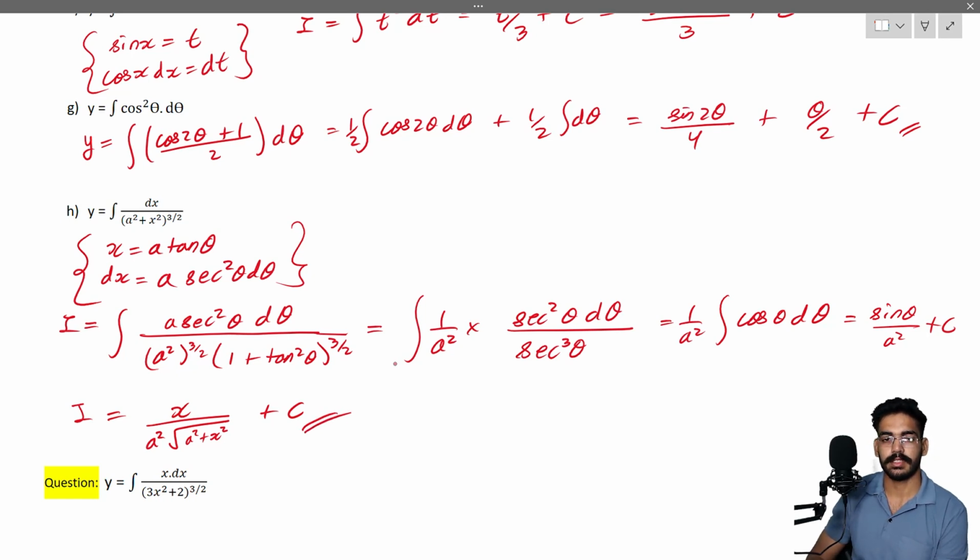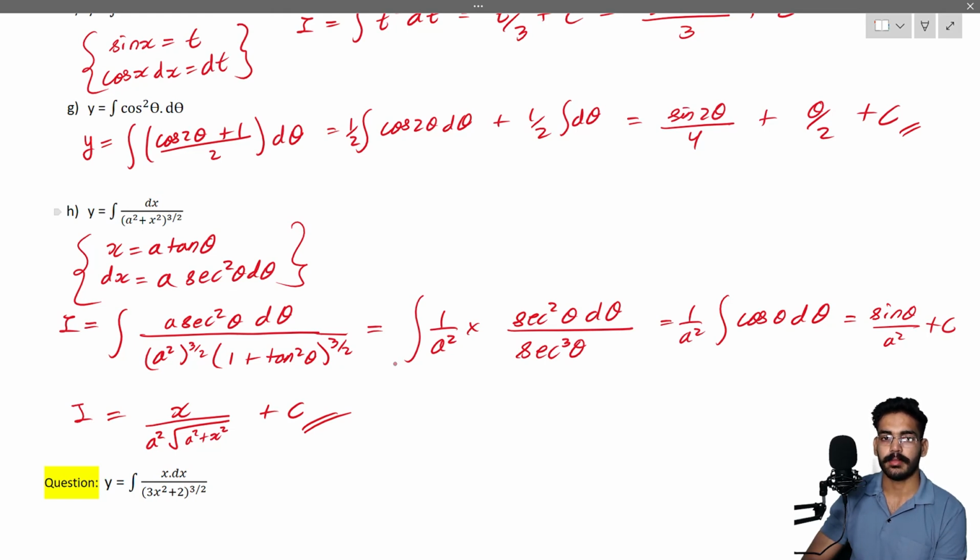So there is a standard method to solve this question. What was that? You substitute x with a tan theta. Why did I substitute a tan theta? So that I can take a square common, and 1 plus tan square theta becomes an identity, so that I will be able to resolve it.